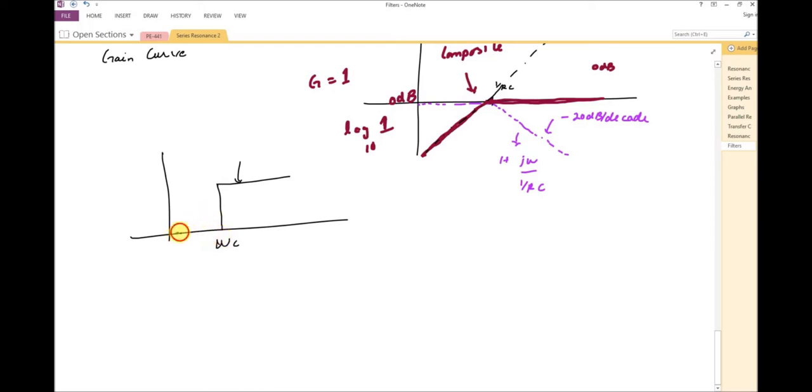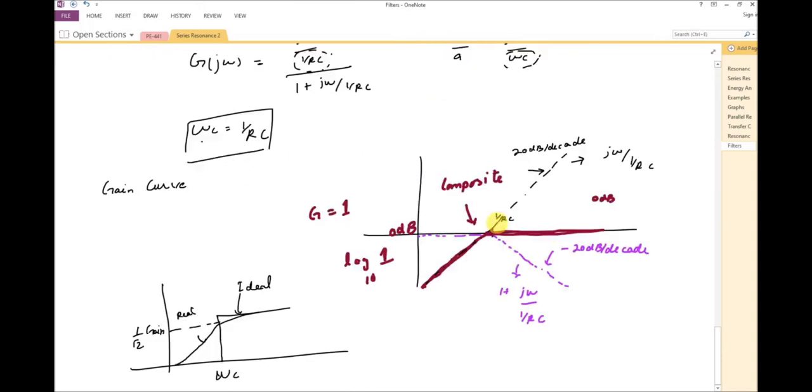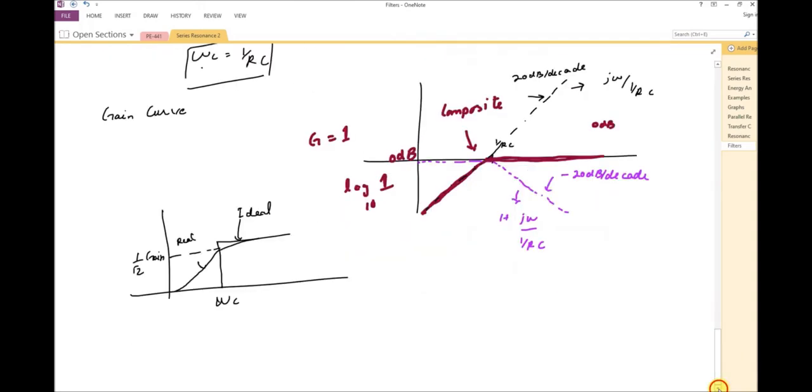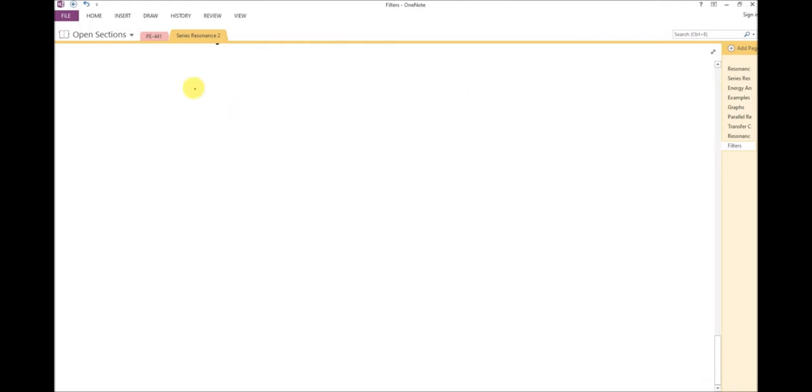But in the real case, at the cutoff frequency we have the gain value that is 1 by under root 2 times the gain at which the maximum power occurs, right? So this is your real characteristic and this is your ideal characteristic. So this was your high pass filter. Now moving on towards the band pass filter.